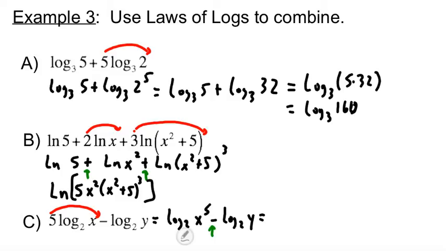Subtraction means division, so I'm going to put it back together using a single log and using division. So I get x to the 5th over y. There's nothing left to do. Notice I don't have a 5th power on the y there. The 5th power only goes with the x.